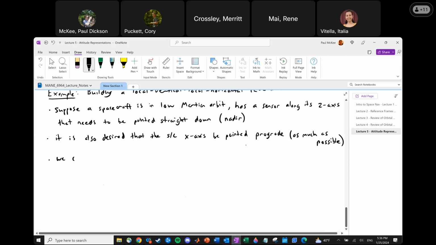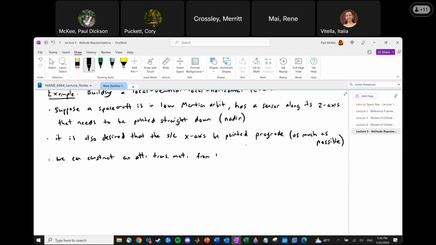We can construct, and I'm getting really tired of writing attitude transformation matrix, so I'm going to say an AT transmat, just to save on keystrokes, from the MCMF frame to the LVLH frame using the spacecraft position and velocity expressed in MCMF.